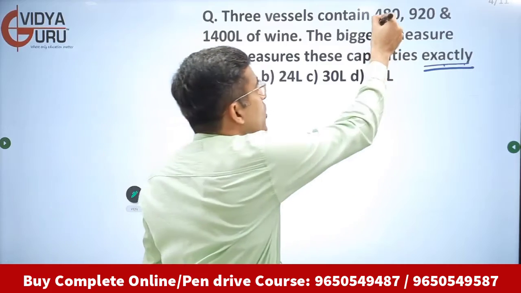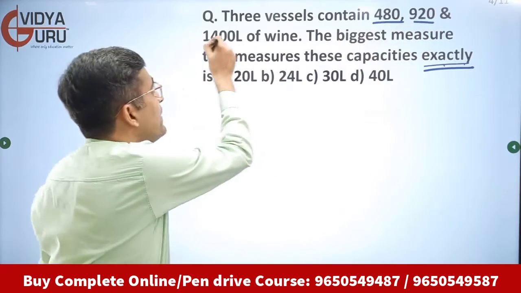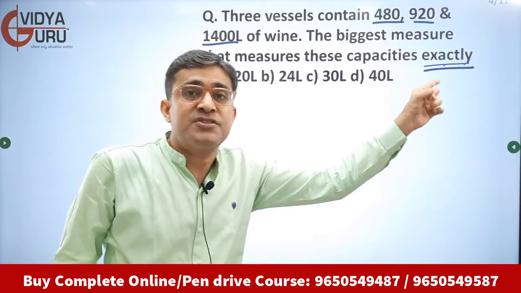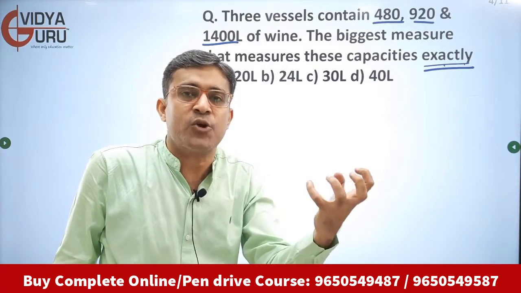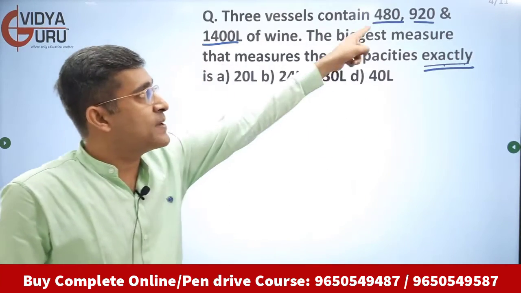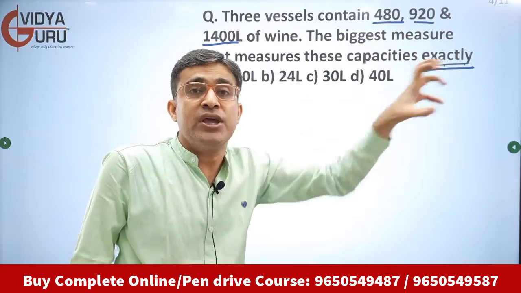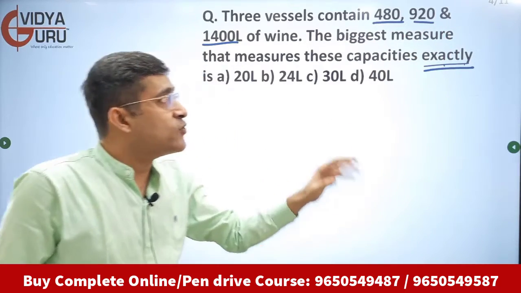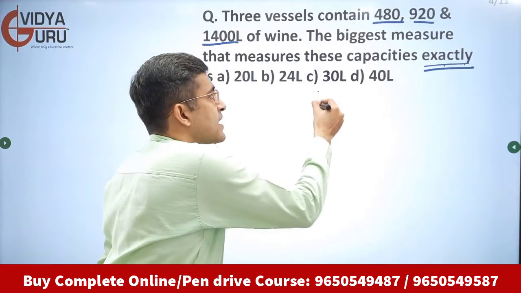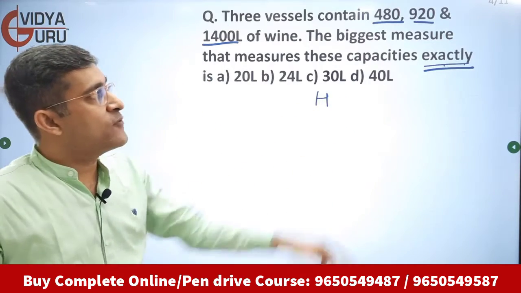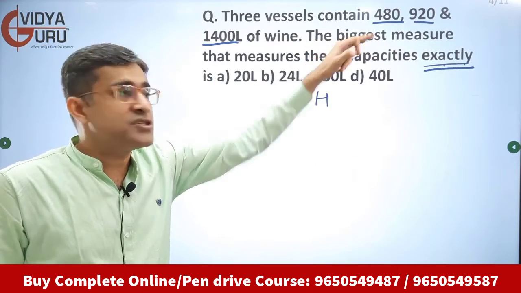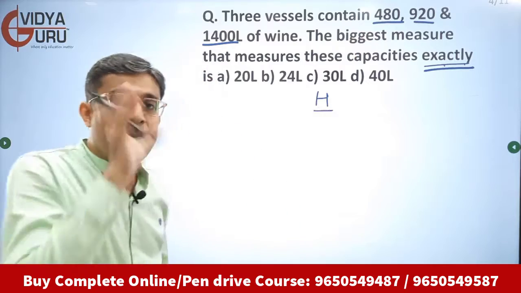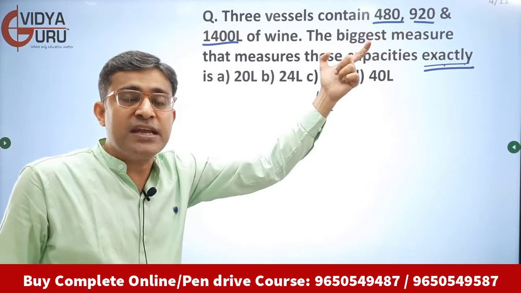That means these volumes should be completely divisible by such measure. The measure that we are going to come up with has to completely divide these 3 volumes. So we have to think of the biggest, that means the highest, such measure which will divide these 3 numbers.